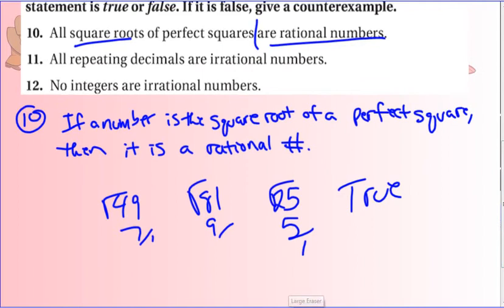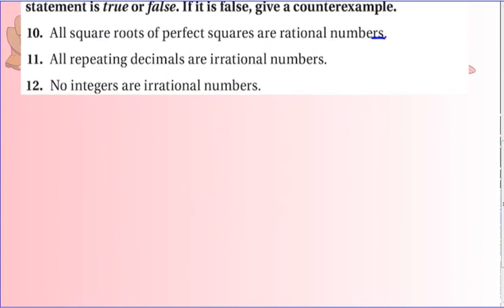I'm going to erase it to do number 11. Number 11. All repeating decimals are irrational.